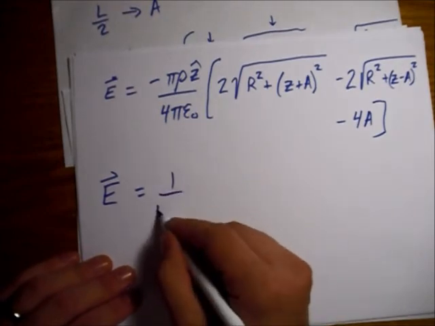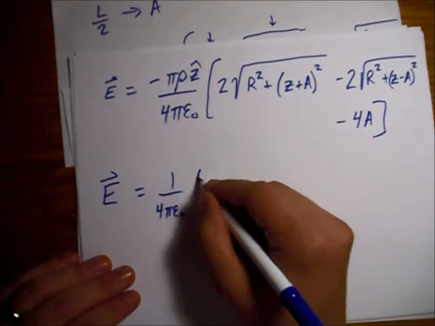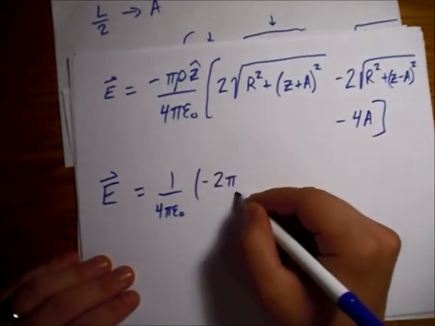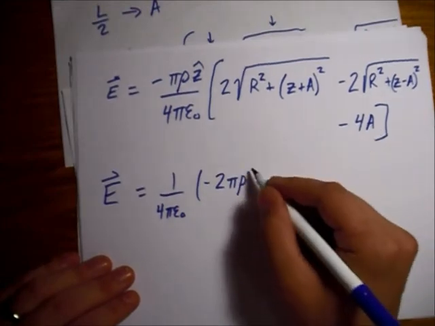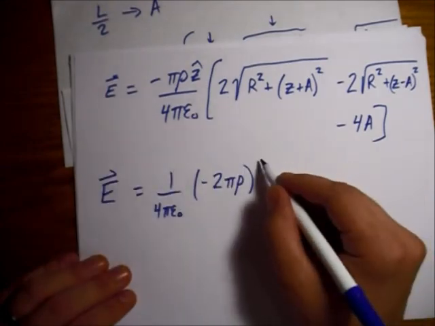I'm still going to leave this as 4 pi epsilon naught here on the bottom. You can change it if you want. 2 pi rho, so factoring out this 2, right?